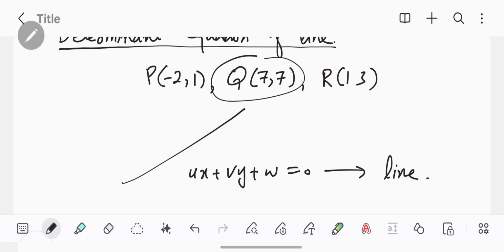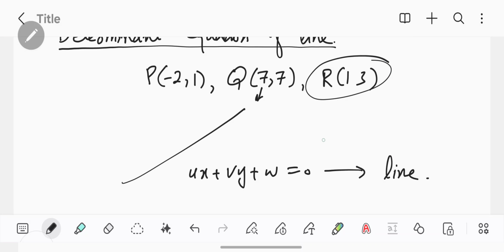Similarly, if you want to check whether this point is lying on this line or not, you will replace this x by 7 and this y by 7, and you will again check whether after putting the x and y values, this equation gives you the true solution or not.